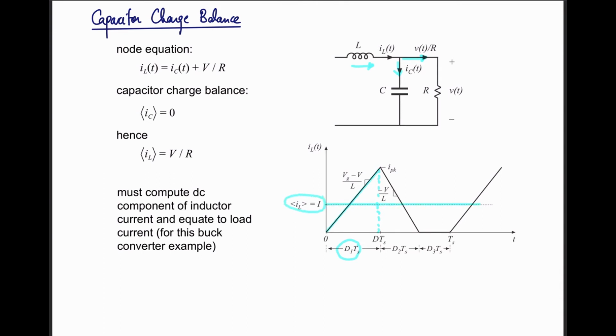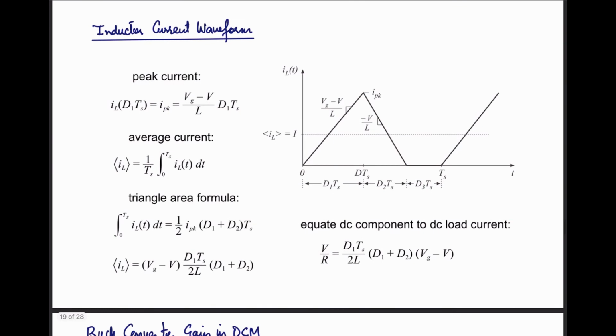Now you can see over here we have this triangle, and using the triangle area equation, we can find out the peak value of the inductor current. So let's do it. The inductor current waveform is this one, and to find the peak value we can use the simple line equation. If I consider this part, this is delta x, and this part is delta y.